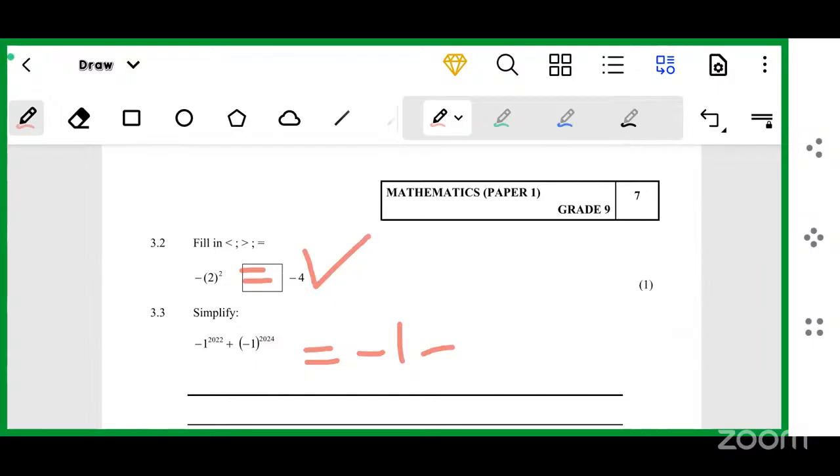And then no, I think it's a positive, ma'am. I think it's -1 plus 1, and then your answer is 0. Let me see. So it's open -1 close to the power of 2024. Yeah, the answer is positive. So this is actually correct.